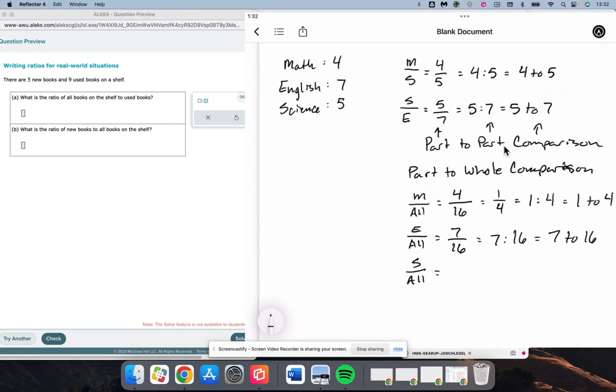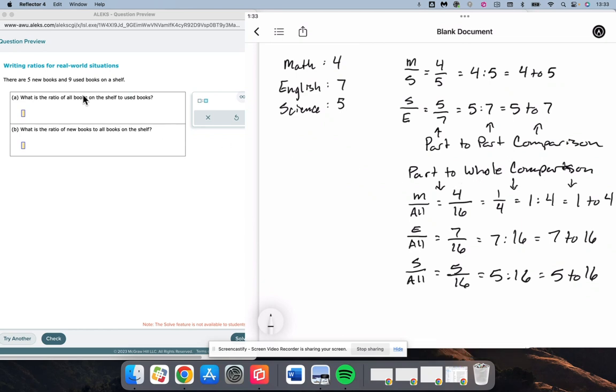And then lastly, with science, 5 out of 16 books on the shelf are science. We can write that with the colon, 5 to 16, or with the word to, 5 to 16. These are all examples of part to whole comparisons because we are comparing one type of book on the shelf to all of the books on the shelf.